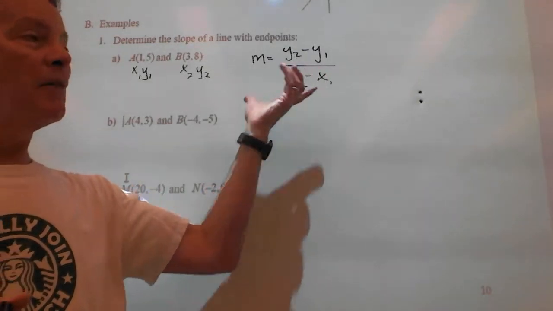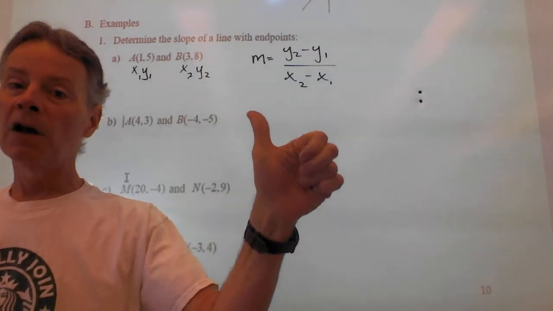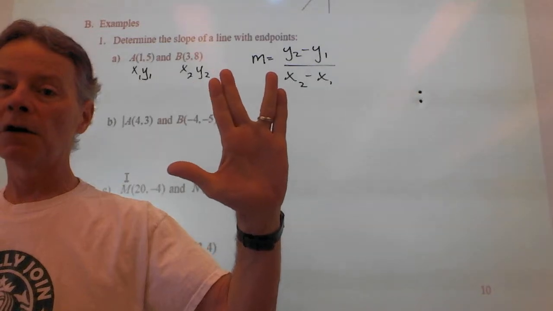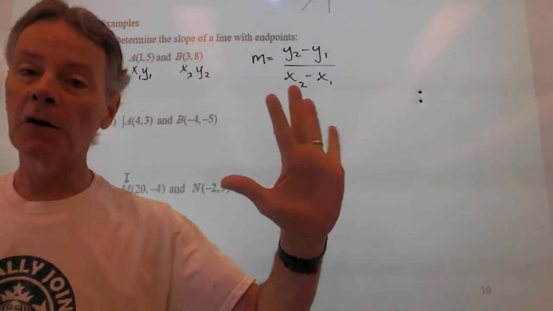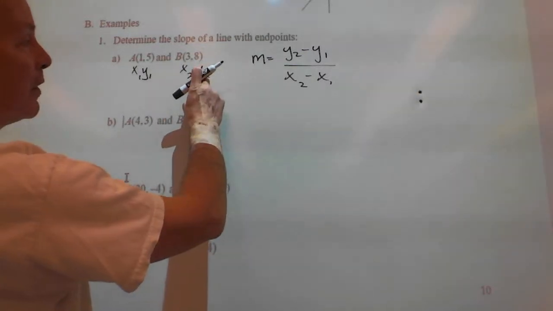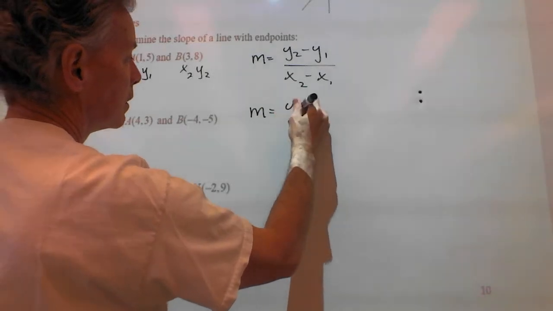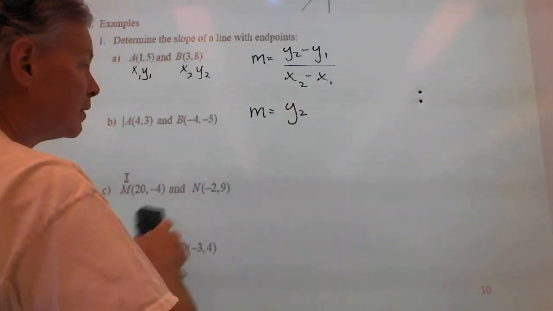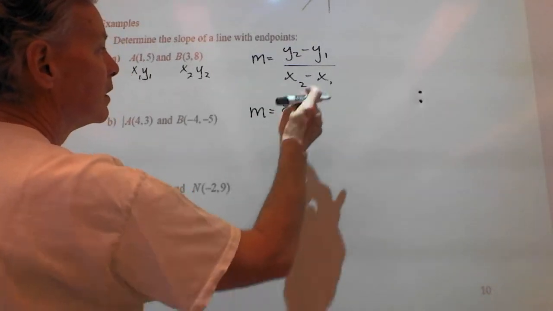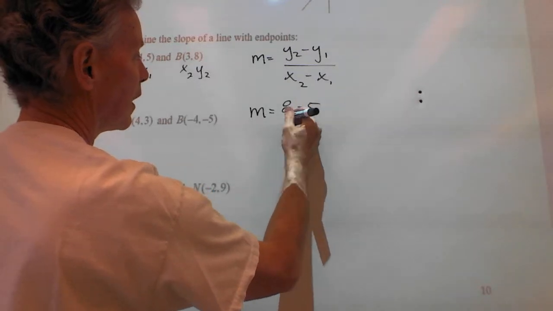Now remember, think of this as a formula that has 5 variables. You've got your m, you've got your x2 and your x1, you've got your y2 and your y1. And so that's 5 variables. So our y2 in this case is 8, and our y1 is 5, so we get 8 minus 5.